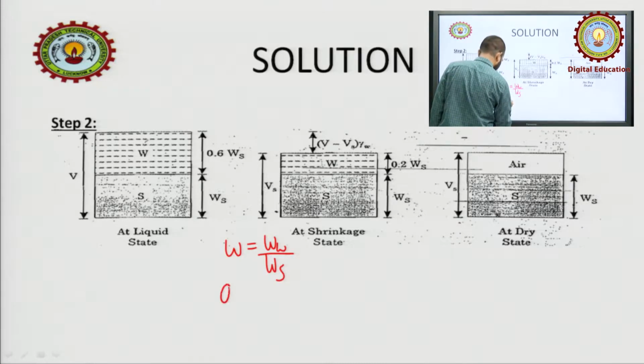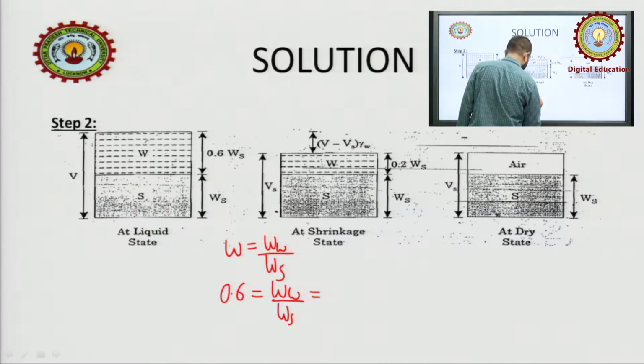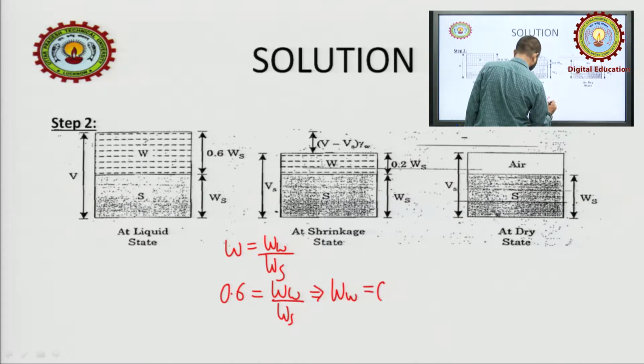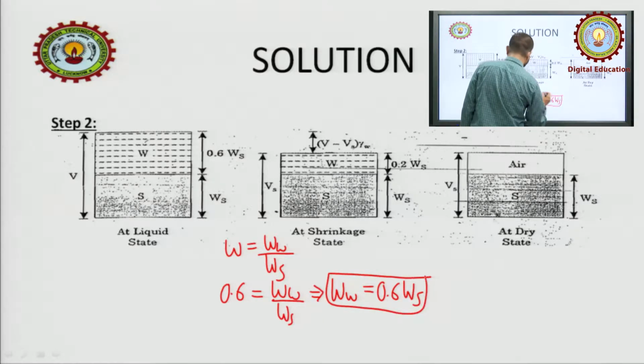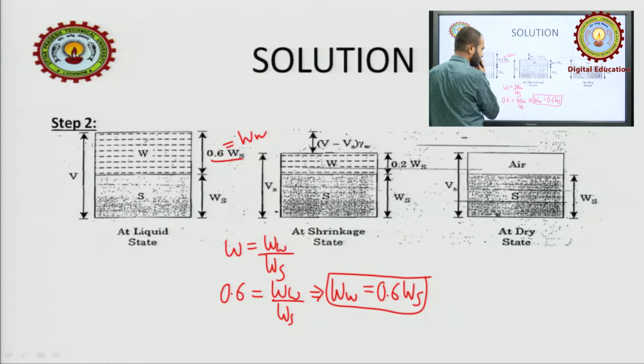If it is 60%, it means 0.6 equals WW upon WS, so we convert W into WW. WW will be 0.6 WS. So this WW is converted directly into 0.6 WS.